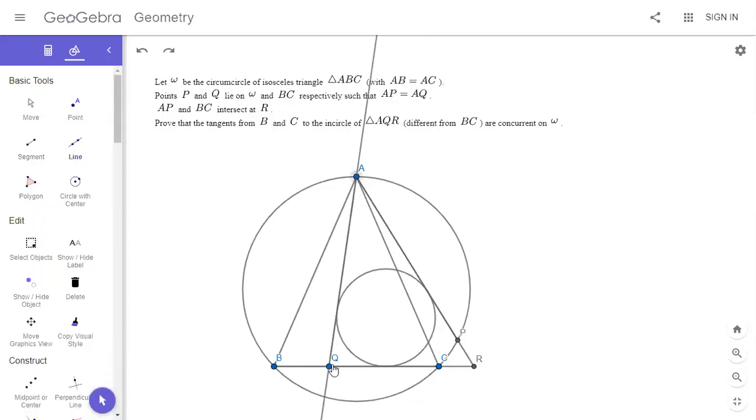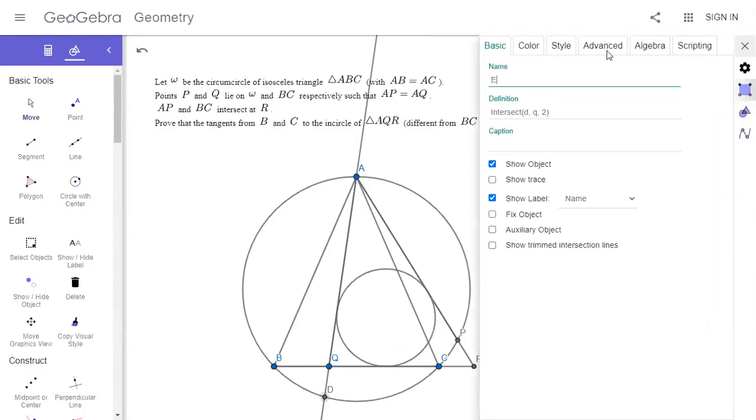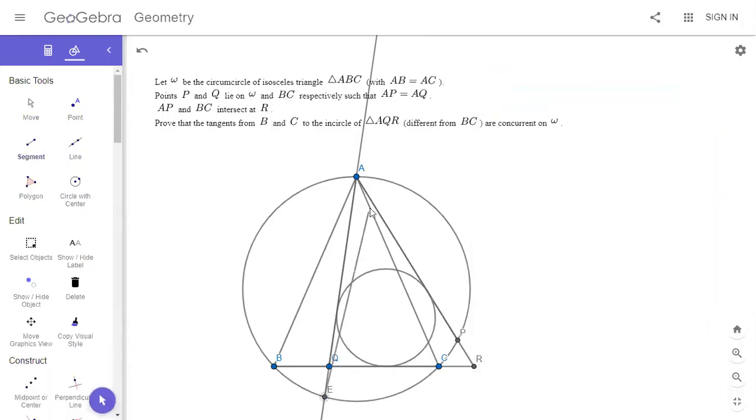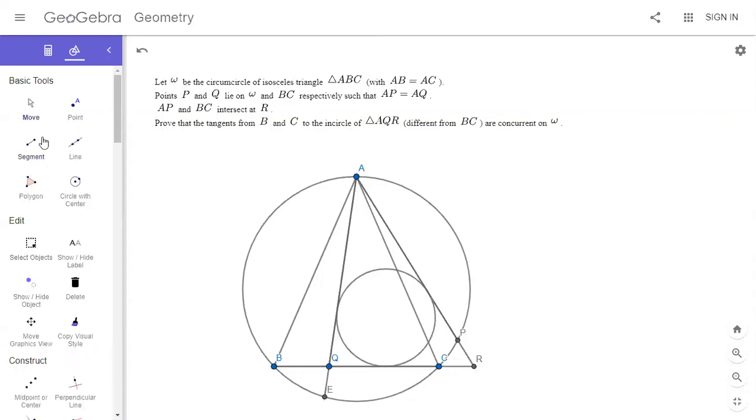So if I let AQ meet the circle at a point D, can we show PD is tangent to that circle? Okay, you called it point E, so I'm gonna take your word and call it E. Can we show PE is tangent to that circle?